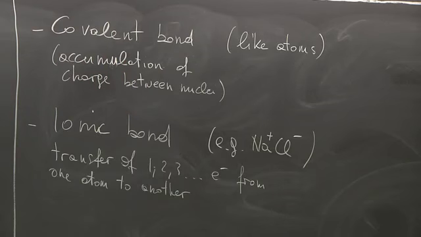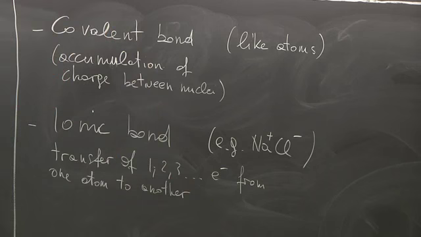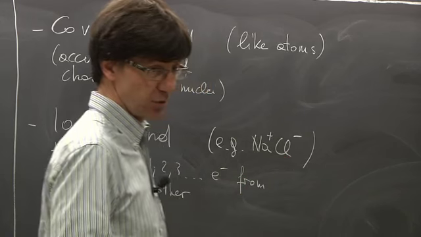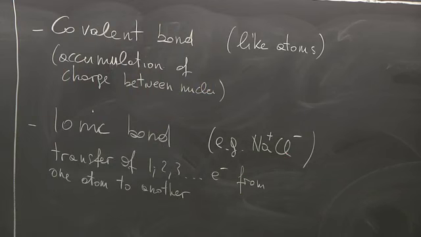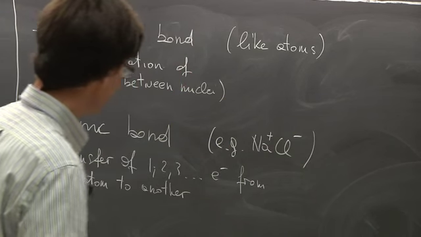Now the consequence, of course, of this is that the energy has to go down. The energy in these processes always goes down if they happen, otherwise they wouldn't happen. But in addition, here you have also the electrostatic energy of interaction due to the fact that these are oppositely charged Coulomb ions. So generally speaking, the ionic bond also gives rise to a lowering of the energy.